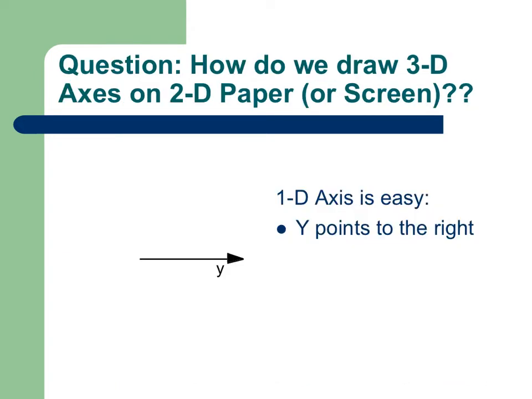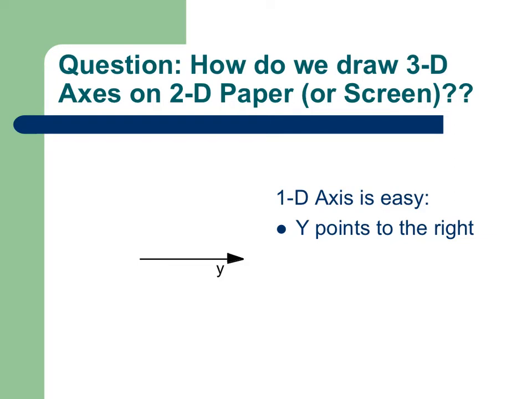What I want to do is talk about how we're going to draw 3D axes on 2D pieces of paper or on a screen in such a way that we can all agree on what's in front of what, what direction everything is in, etc. So if we want to just draw a one-dimensional axis, that's pretty easy, right?